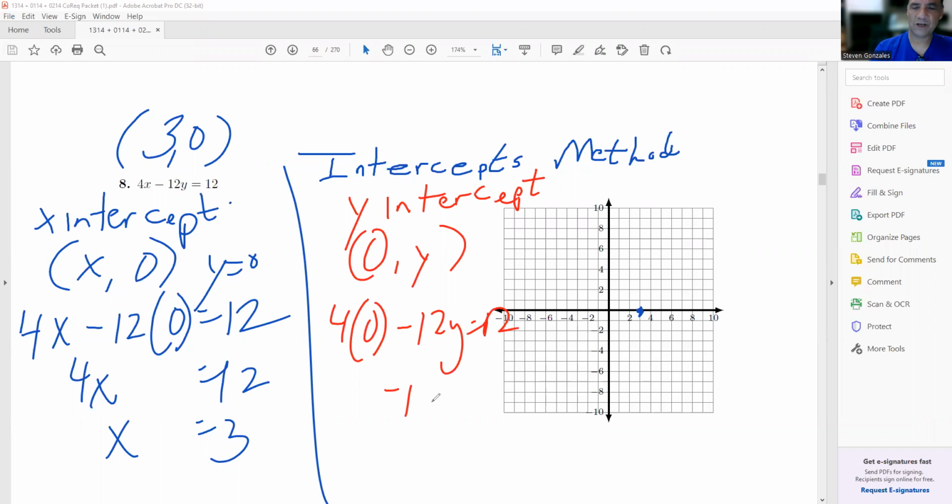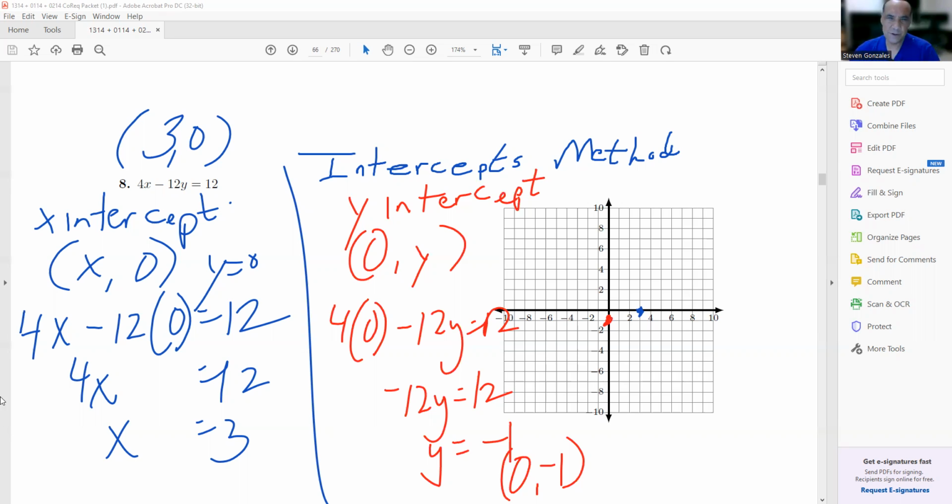That's going to lead to the equation negative 12y is 12. And y is -1, which would mean 0, -1 is also a point. So we will put 0, -1 there. Now, since 2 points define a line, we'll just go ahead and draw a line through those 2 points.